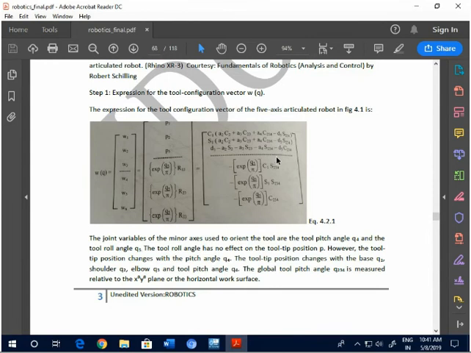Then the second row is S1 A2 C2 plus A3 C23 plus A4 C234 D5 S235 D1 minus A2 S2 A3 S3 A4 S34 D5 C35, and the expressions minus e raised to Q5 pi C1 235 minus Q5 pi S1 234 minus Q5 pi C2 C234. Okay, so this is how we find the tool vector configuration of WQ.